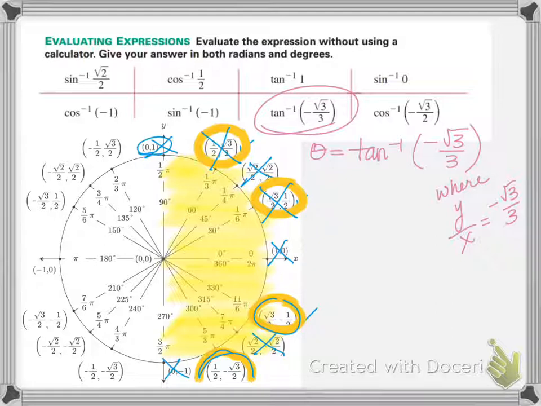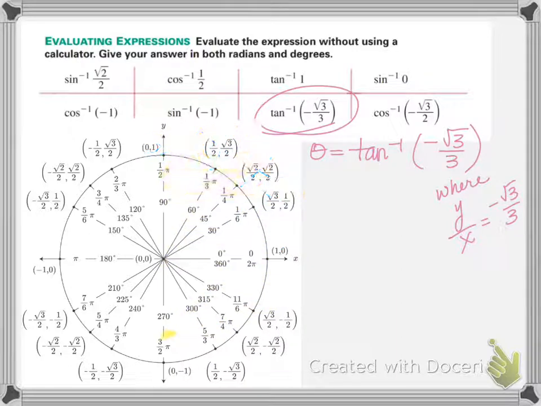Pretty easy. So let me erase all this mess so that you can see the problem better. We established that the only answers that possibly can work are these two. So which one is it going to be? We needed to divide y and x to get -√3 over 3.